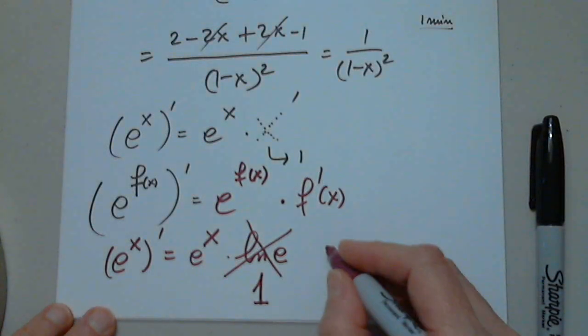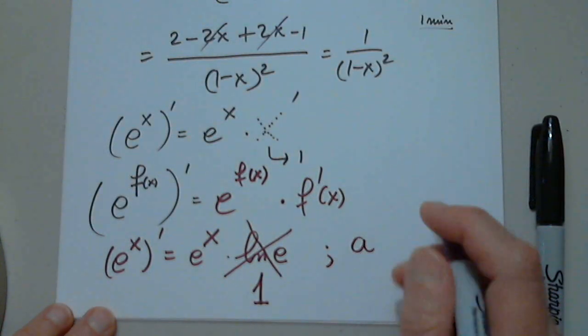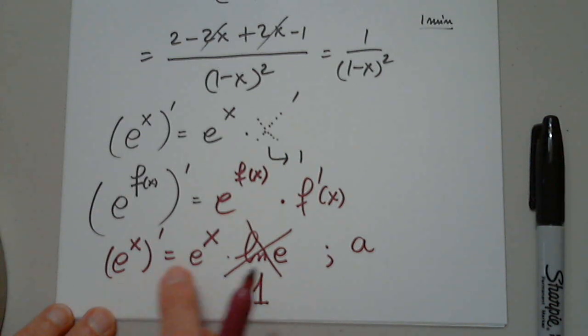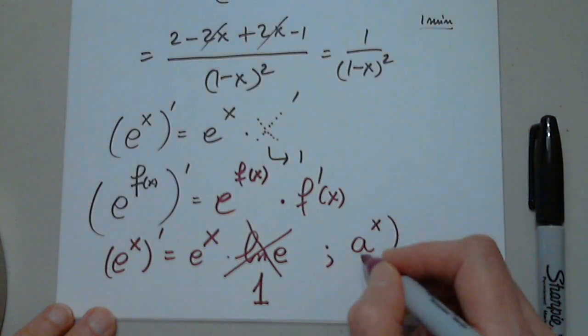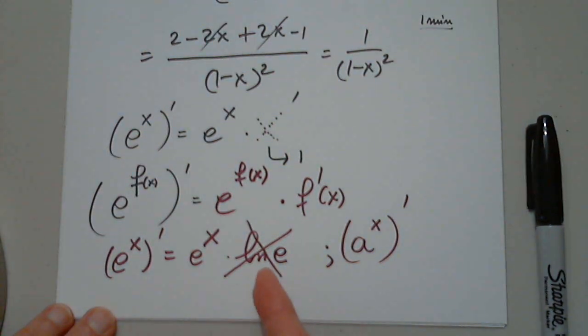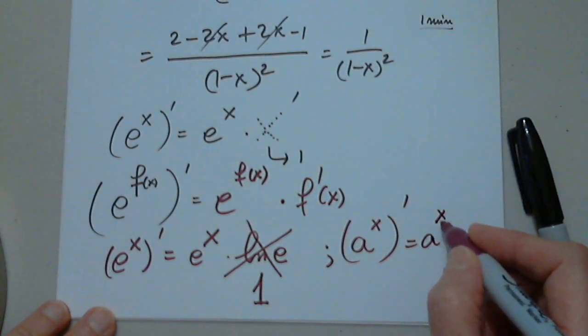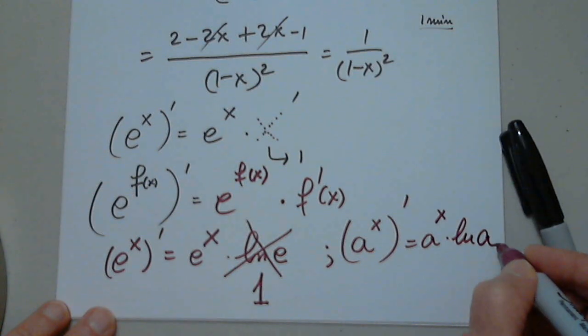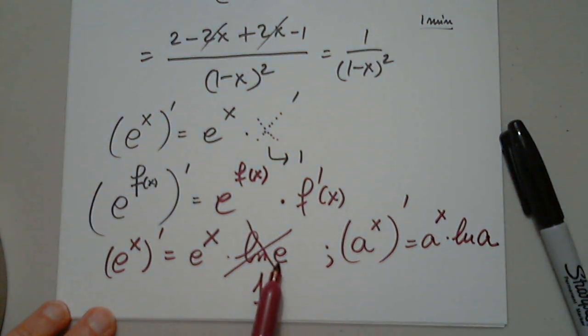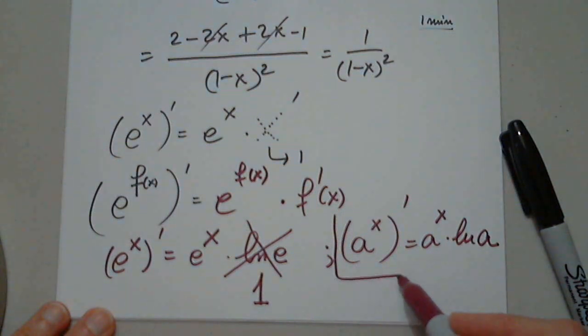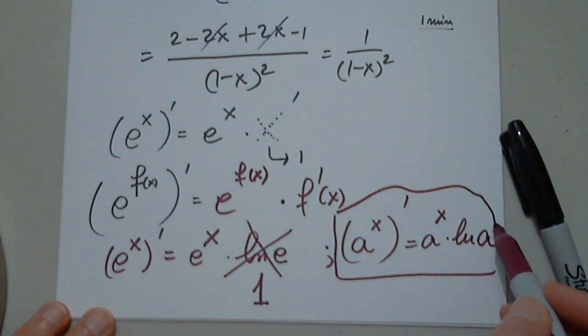However, careful now. If I have any other number, not e, any number, to the x power, this is no longer 1. So I have to write a to the x times natural log a. With e, it's 1. But natural log a, if a is not e, it's not 1. So this is a new formula that you have to add to your list.